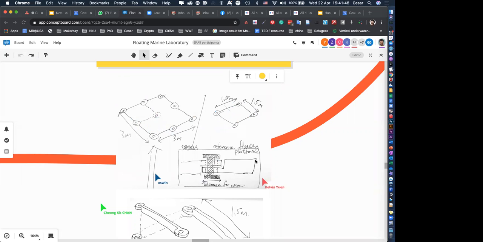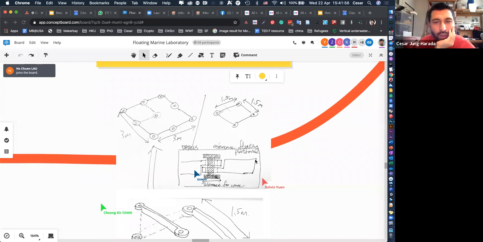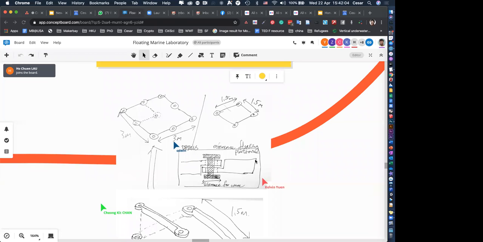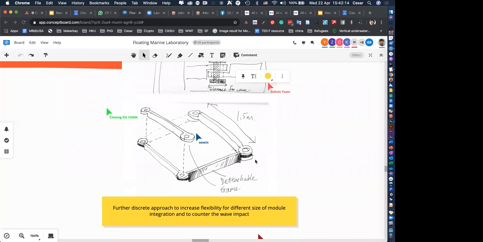So we have three different parts: the platform, the connector, and the pins. The platform is the framework constructed together. This allows more flexibility for usage, as well as dealing with the impact of the wave. Yeah, I see.